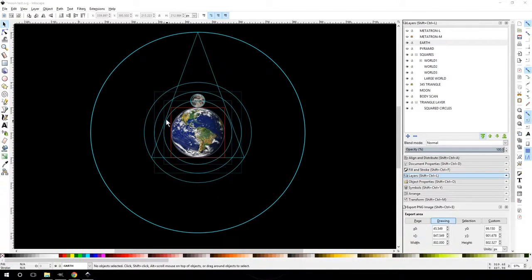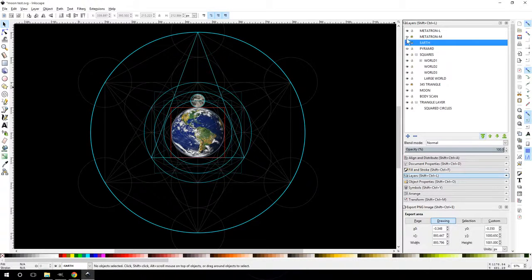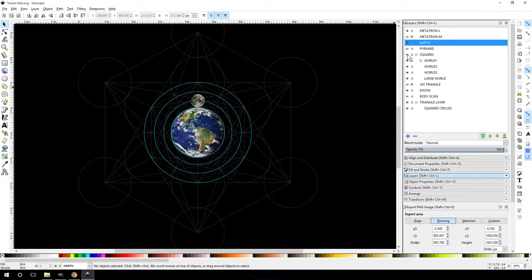So this is just an image to show you what we were looking at last night, but I'm going to modify it here really quickly to show you where this is all going. I'm going to add my Metatron cubes here, and I'm going to take off these. And now you can see these rings.